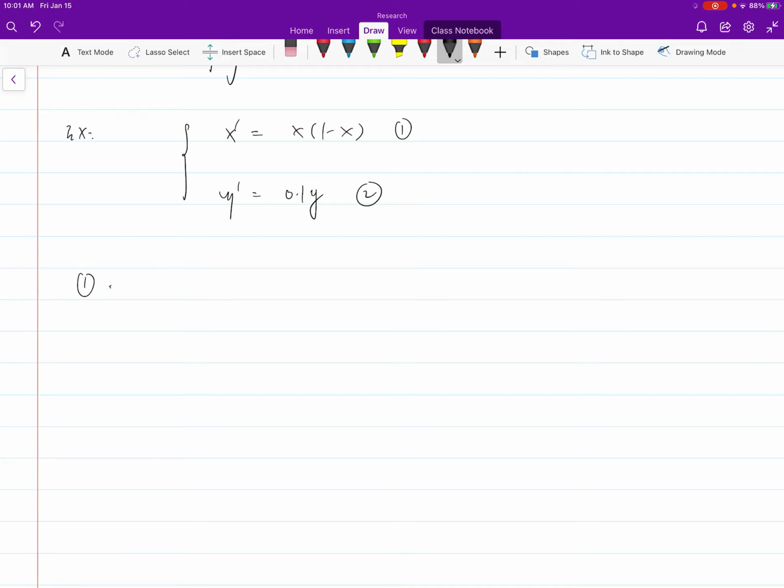You solve the first by logistic, and the second by exponential. So this is a completely decoupled system.